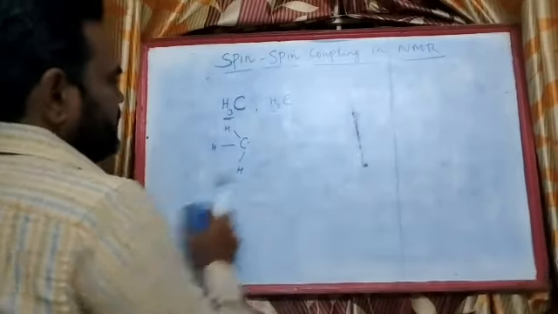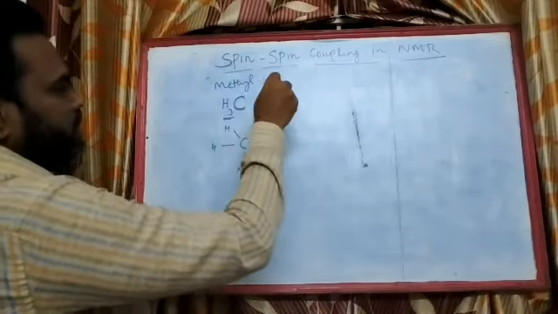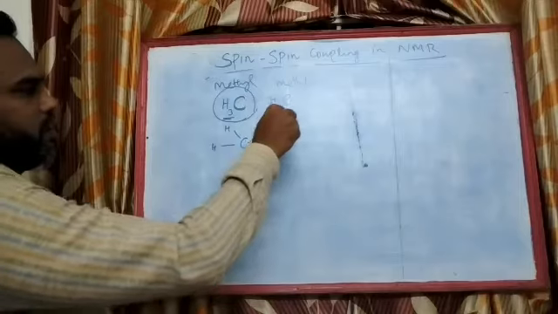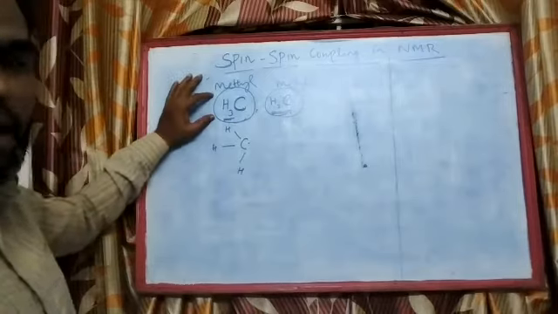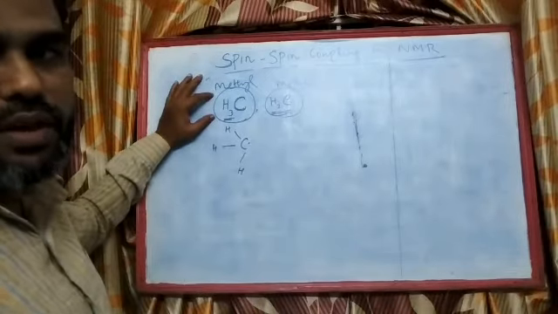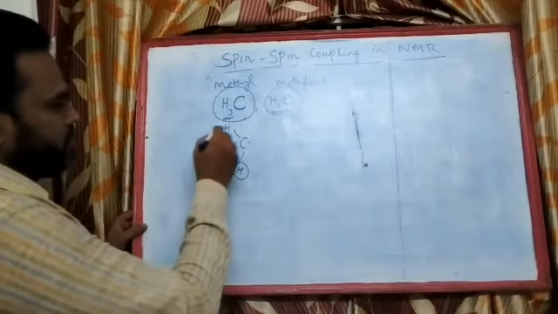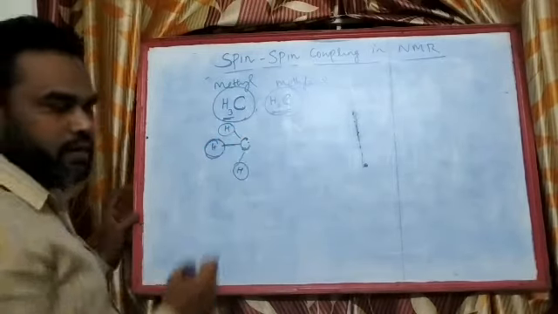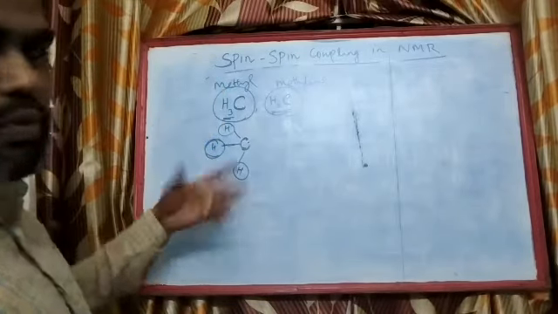So if this is the case of methyl and methylene protons, this is a methyl proton, and I can call this a methylene proton, CH2. The 3 protons of the methyl are said to be magnetically equal and chemically equal, because the shielding exerted on all 3 hydrogens is the same. They are located on one particular carbon, and you cannot distinguish these 3 protons.